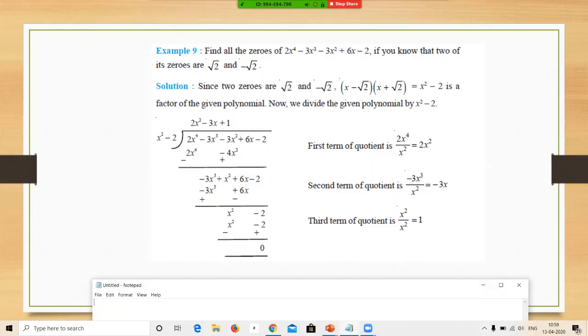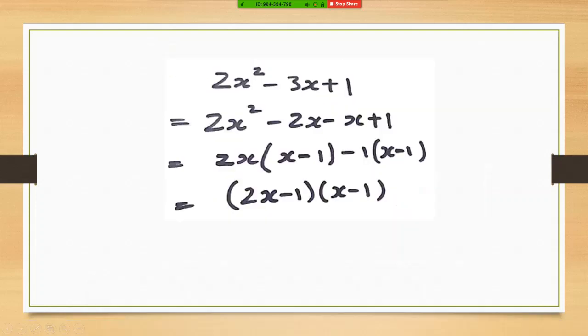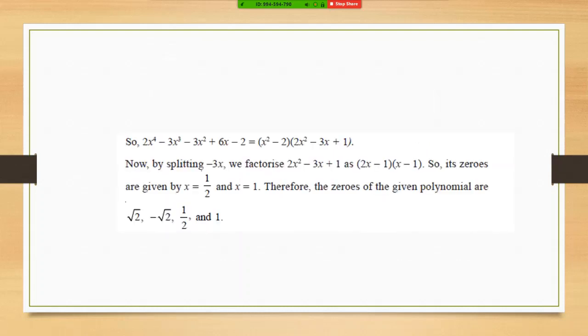Anybody still stuck with the division? See, this is how I did it. So you have 2x minus 1 multiplied by x minus 1. Fine with that? Now, what are the zeros as asked? Root 2 and minus root 2 were already given to us. What are the other ones?